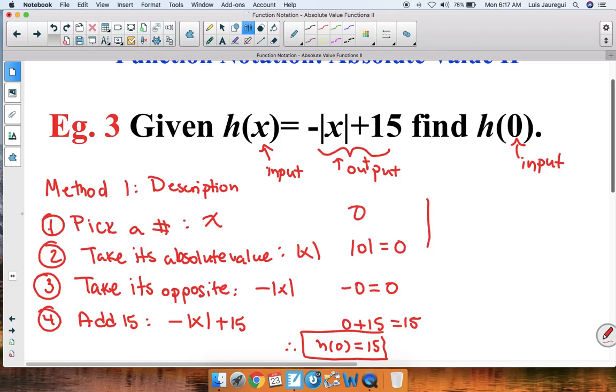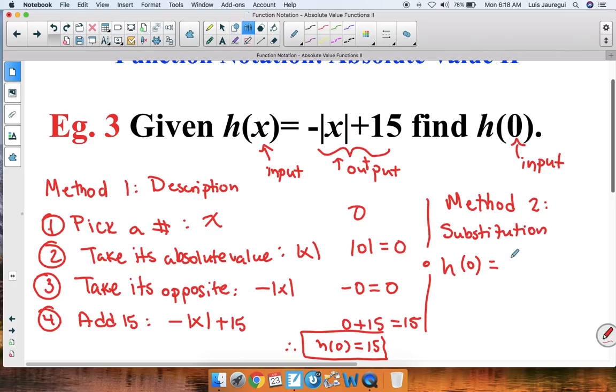Now let's double check our answer by using method 2, substitution. What we're going to do in order to figure out what h of 0 is, is to substitute the 0 into this expression on the right wherever we see an x.